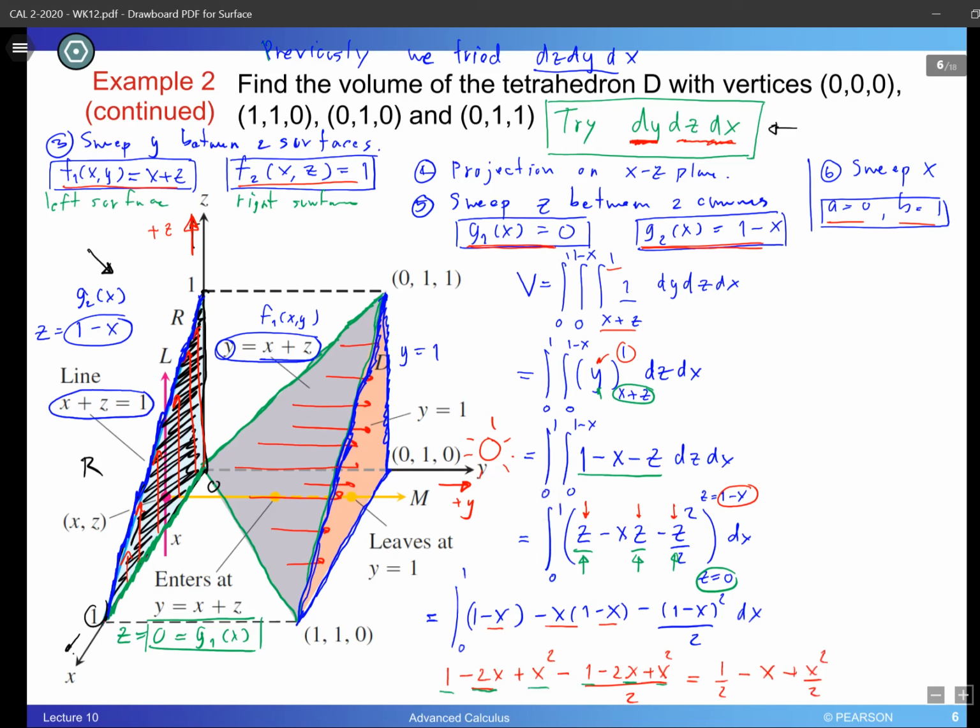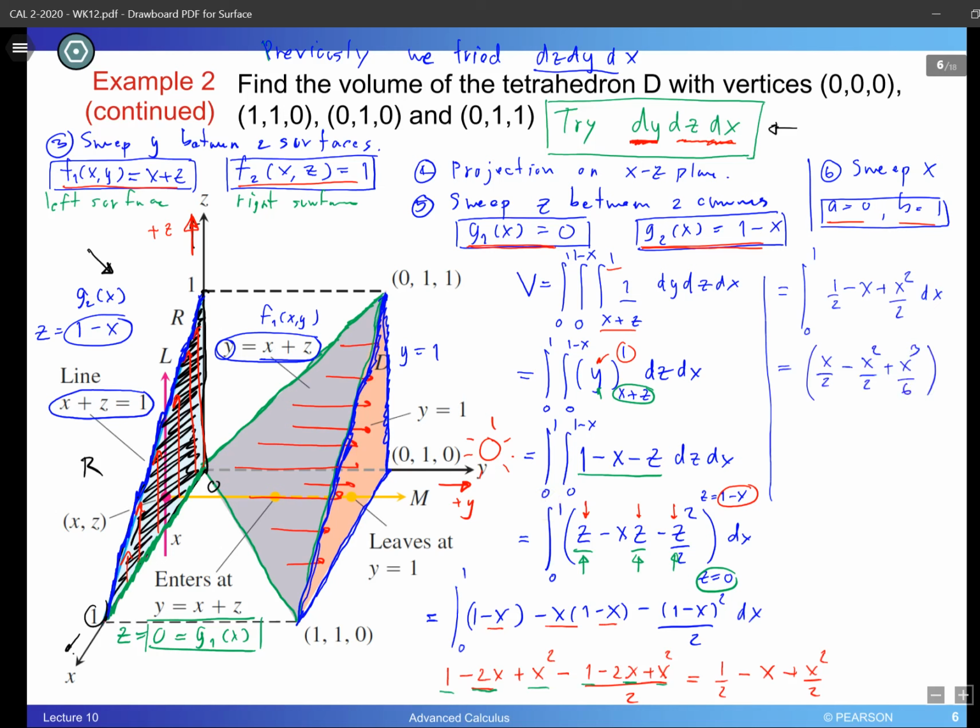Alright, this looks better. So let's continue the calculation right here. Okay, the space is tight. This is going to be equal to the integration of this term that we just found, 1 over 2 minus x plus x squared over 2, and we integrate with respect to x, starting at 0 and ending at 1. So this is going to be x over 2, minus x squared over 2, plus x cubed over 6.